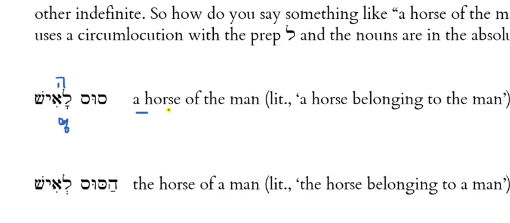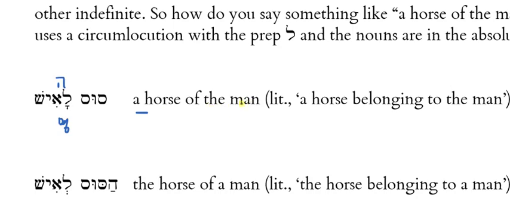And this is how I say a horse of the man. A horse is anarthrous. There's no article. And I use the lamed preposition to indicate the possessor with the article attached to the noun. So this is, you might say, a horse belonging to the man. And that is a way to have an indefinite and a definite noun together.